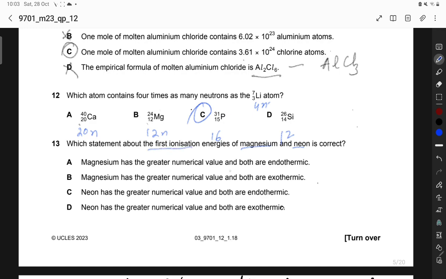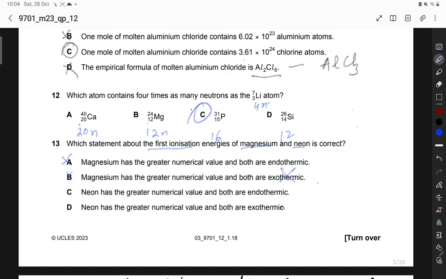Magnesium has the greater numerical value and both are neon. No, this is incorrect. Neon has greater ionization energy. Magnesium has the greater numerical value and both are exothermic. Exothermic is incorrect, so it is also incorrect.